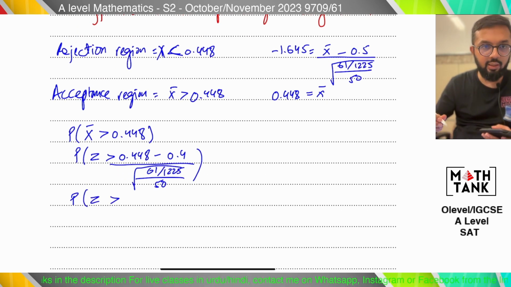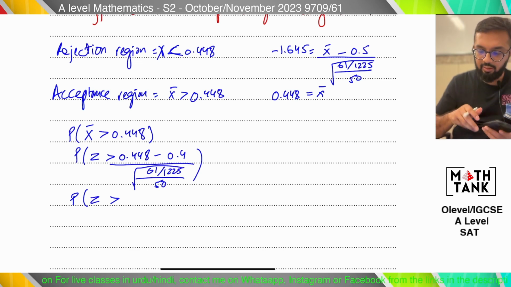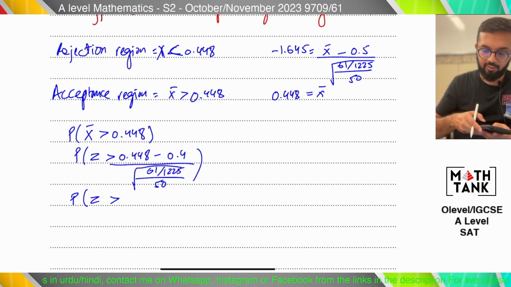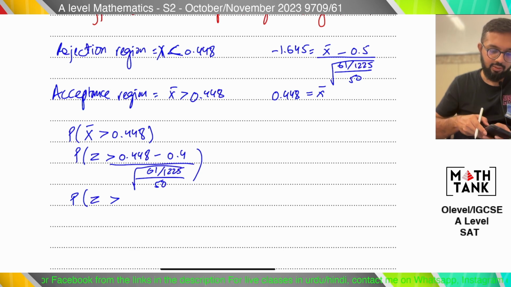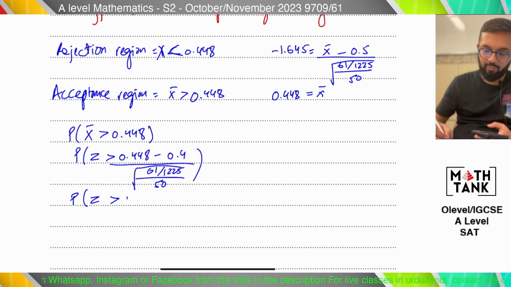Z is greater than 0.448 minus 0.4 divided by that, and I am getting 1.521.